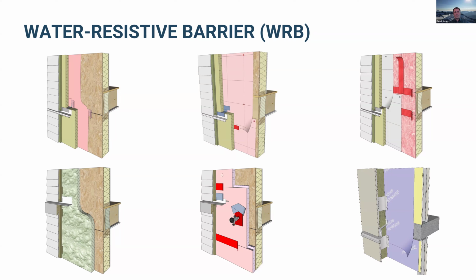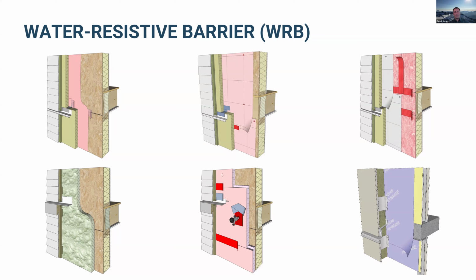That can function as a WRB, but a lot of times it's going to be a membrane, either fluid applied or sheet applied membrane. Could be self-adhered, could be mechanically fastened. There's also lots of newer systems where it's integrated into the sheathing, and you just either tape or seal the joints. But it's going to resist water.